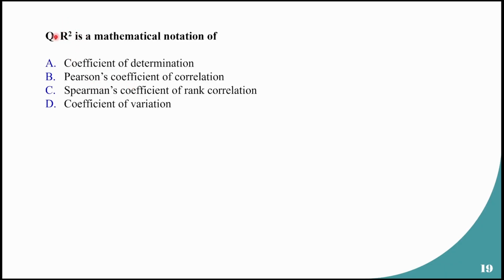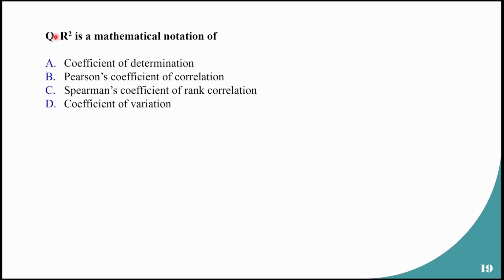But here you have been given the R square value. So what is the R square value called? Can you answer in chat? Coefficient of variation.